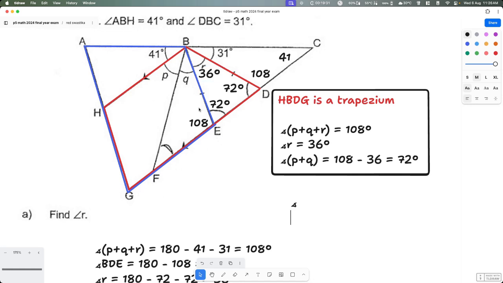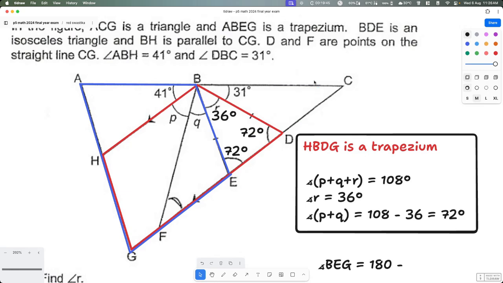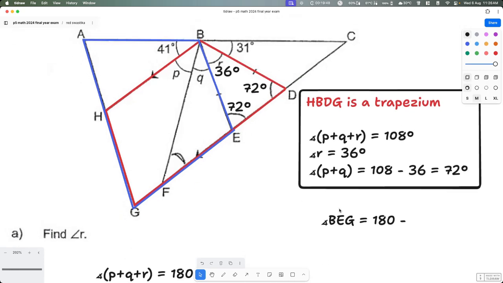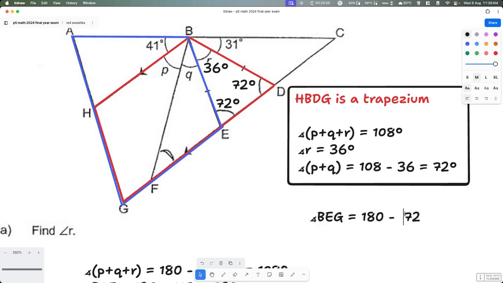So BEG is basically 180 minus 72 because this is a straight line, as you see over here. So BEG is 180 minus 72, which is equal to 108 degrees. We're going to put this BEG over here, and then put the number 108 degrees.